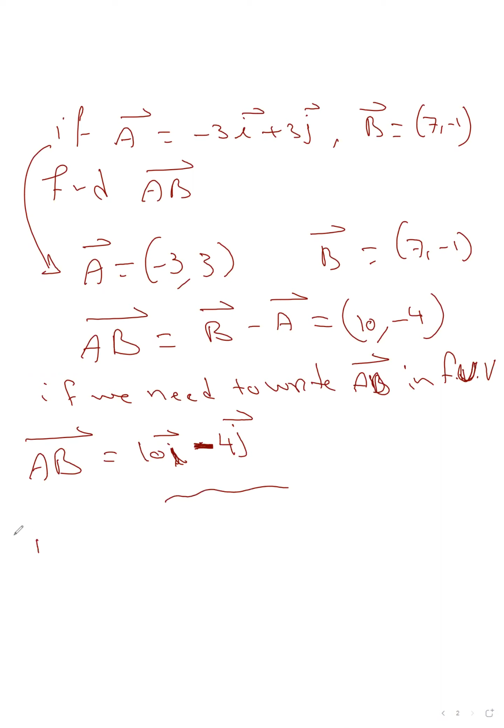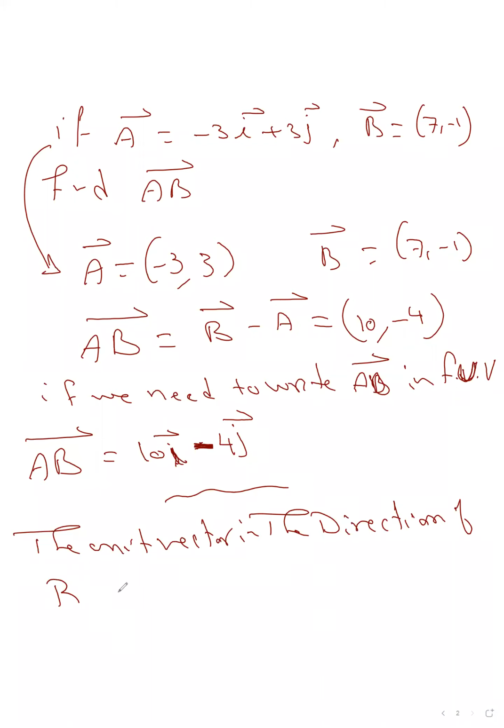If we need the unit vector in the direction of vector B, it will be the vector B itself over its norm. The unit vector in the direction of any vector is the vector over its norm.